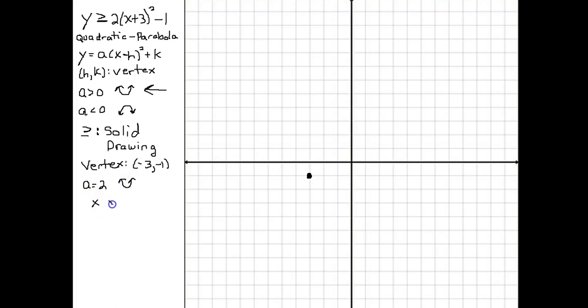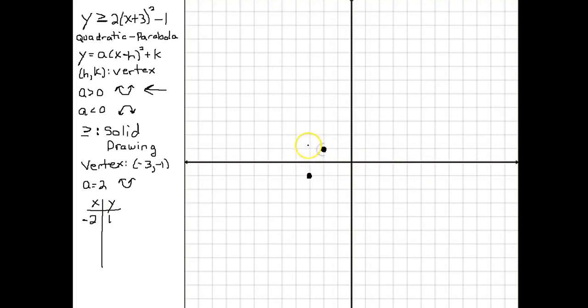Get a couple more points. Let me do a quick XY table just to make sure I get the shape quite right. Let's plug in -2. If I plug in -2, -2 plus 3 is 1, 1 squared is 1, times 2 is 2, minus 1 is 1. So (-2, 1).